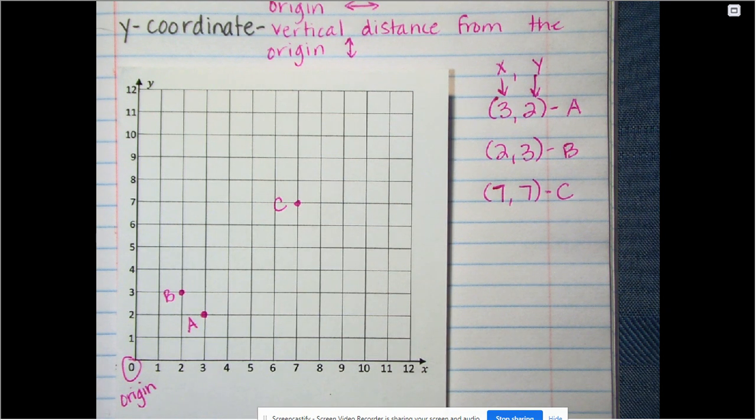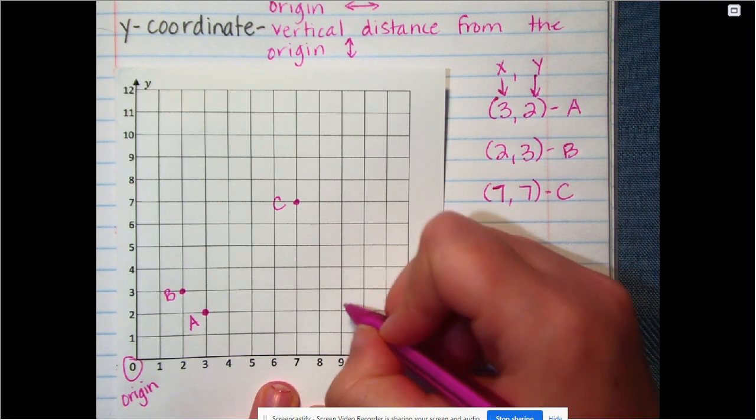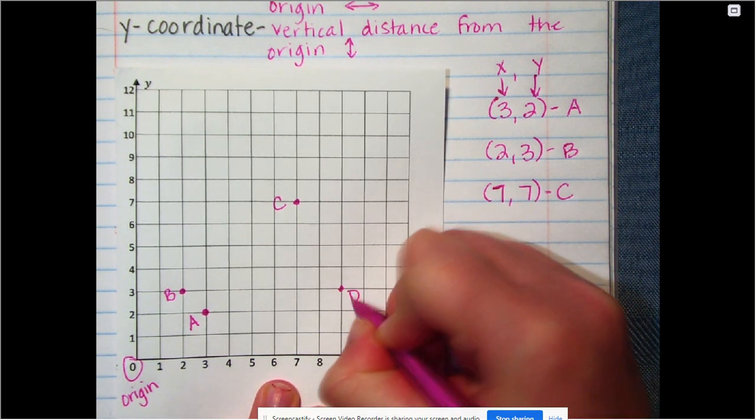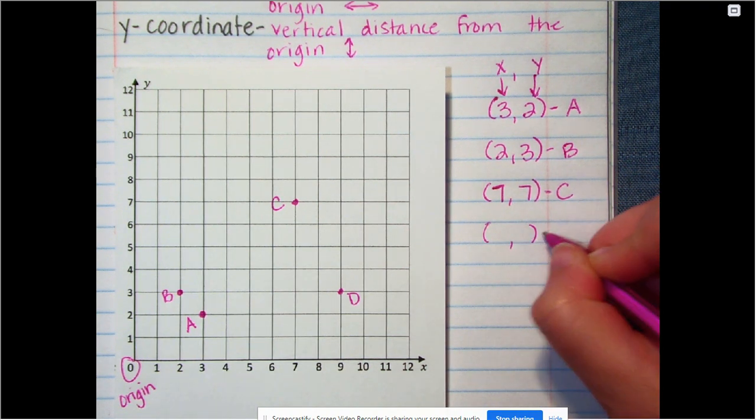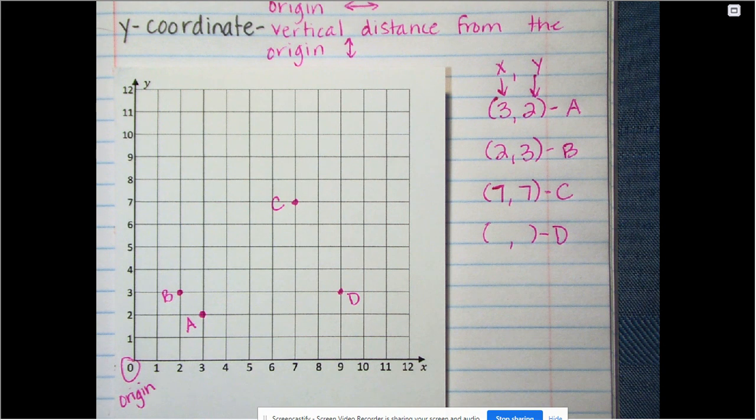Sometimes you'll have to go the opposite way. So for example, if I had a dot like that, and they're asking me, where is point D? I would go through and I would decide, okay, I always have to do horizontal first for my x-axis. So D is horizontally 9 away from the origin.